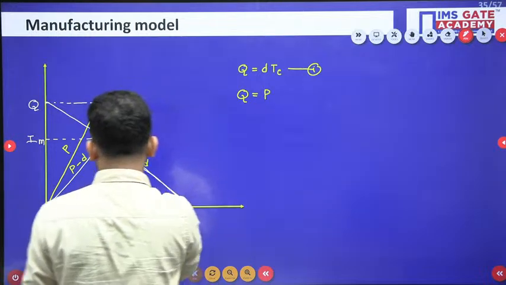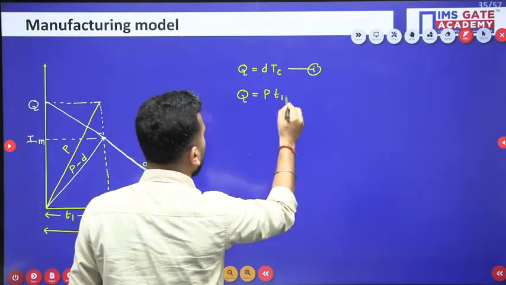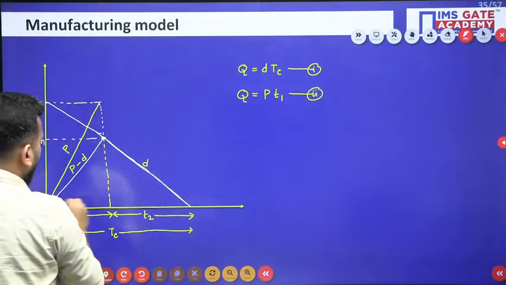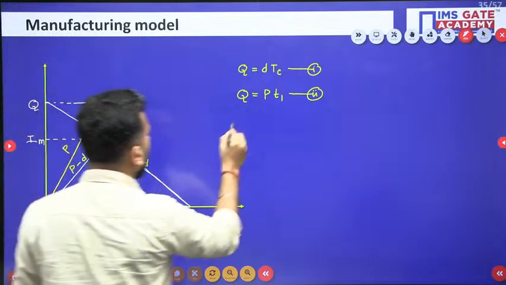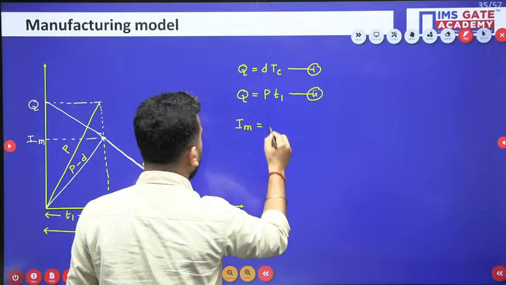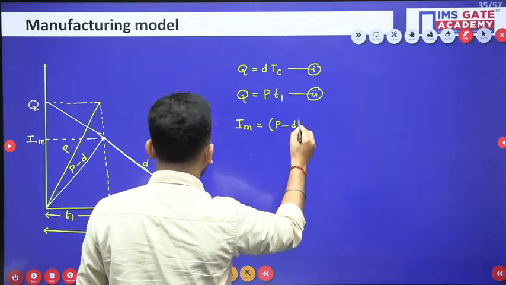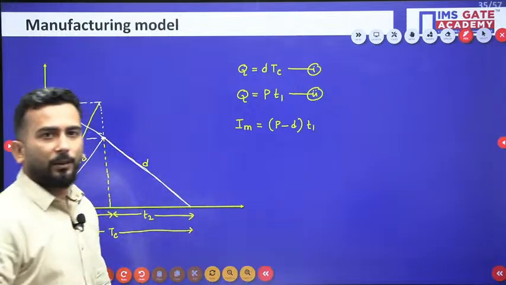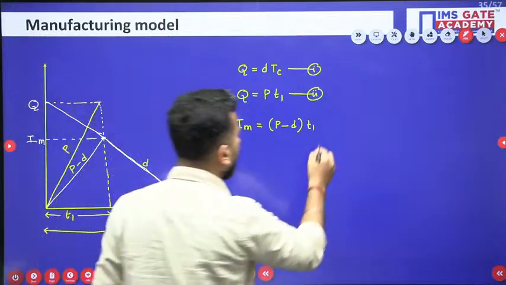P. For what period? T1. So second equation. Again come to this triangle: IMAX is equal to, what is the rate? P minus D, and what is the time? T1. So just the slope formula I am applying and getting the results.